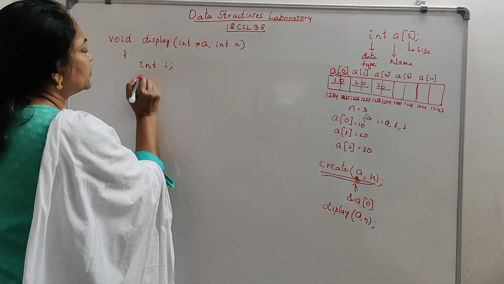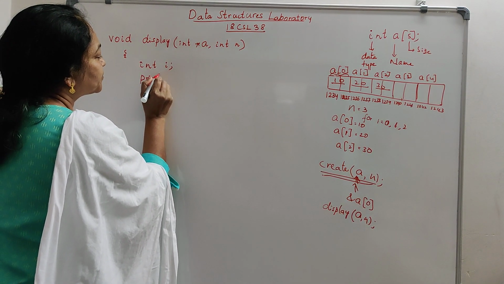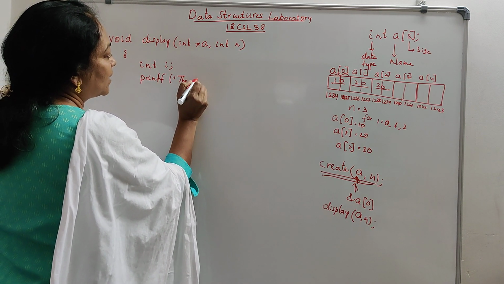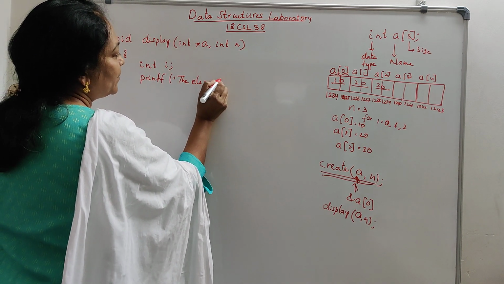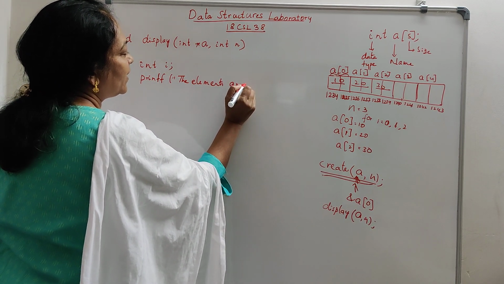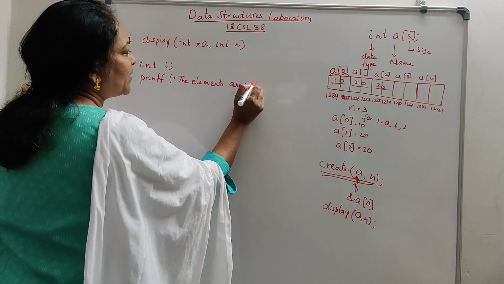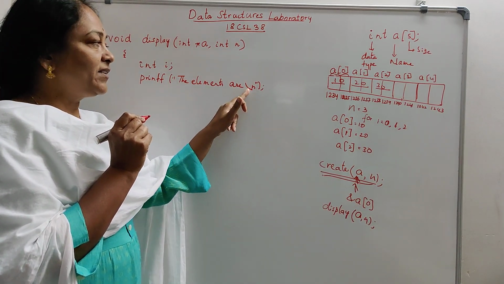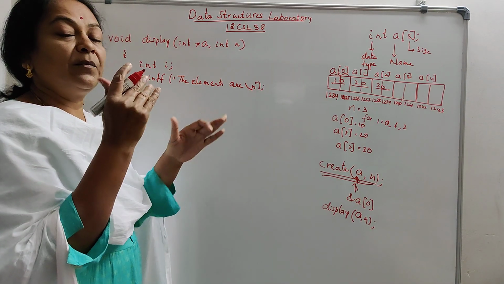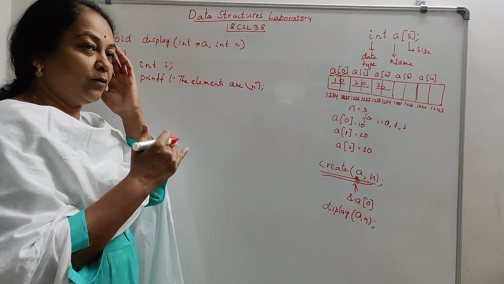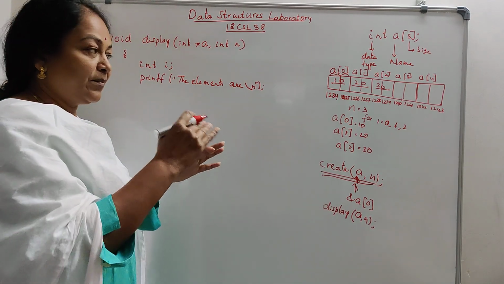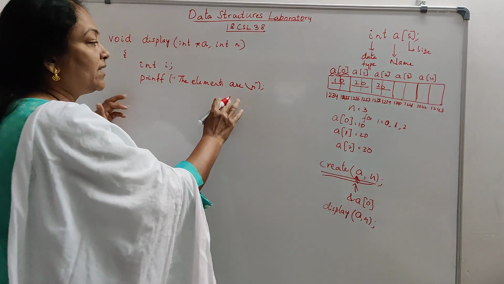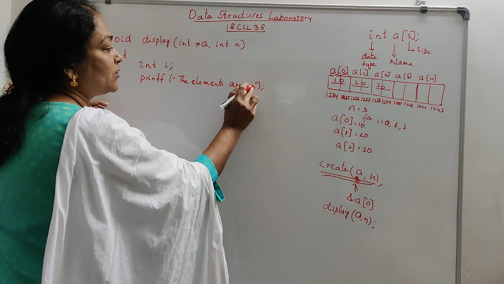For that purpose we use a printf statement: printf, the elements are, then backslash n. What is meant by backslash n? Whatever you want to print after this line has been displayed will be from the next line onwards. I don't want to print all the elements in the same line. I want the actual elements to be printed in the next line, so I'm using this backslash n, the new line character.